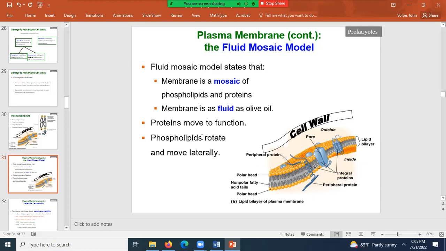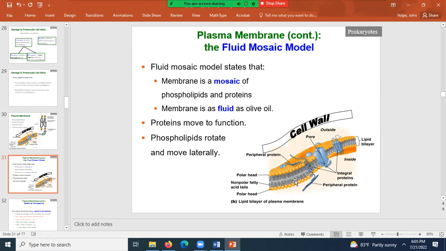And in A and P, if you've taken that class, some of you know that when receptor proteins bind, they will move together before they're brought into the cell. So when the receptor protein binds to its ligand, the receptor proteins will move together and then be brought into the cell, and then the message will be brought to the cell. The point is that those proteins have to move in order to function.